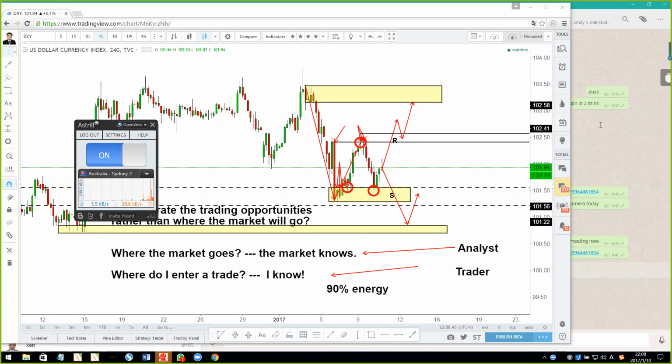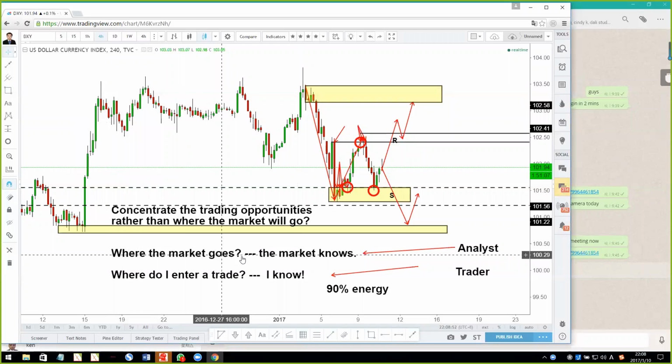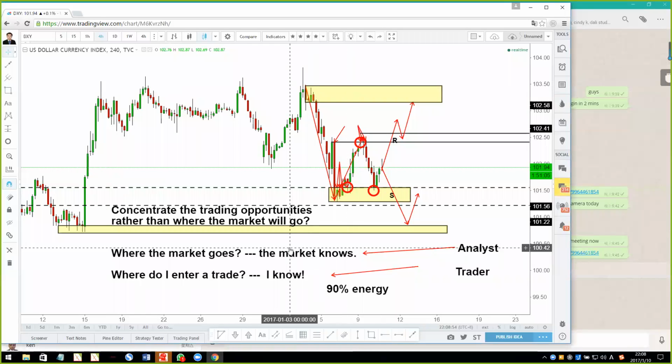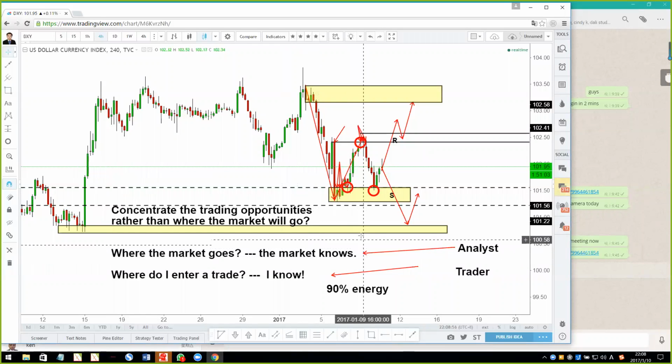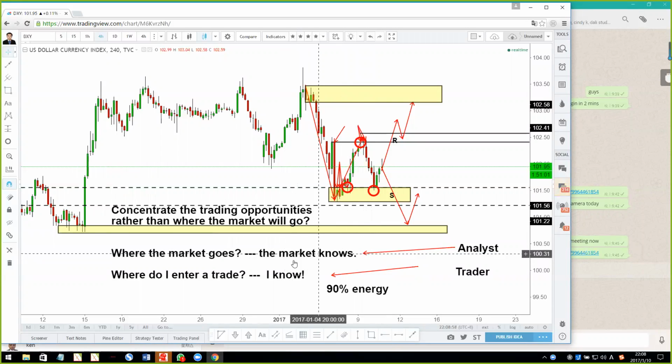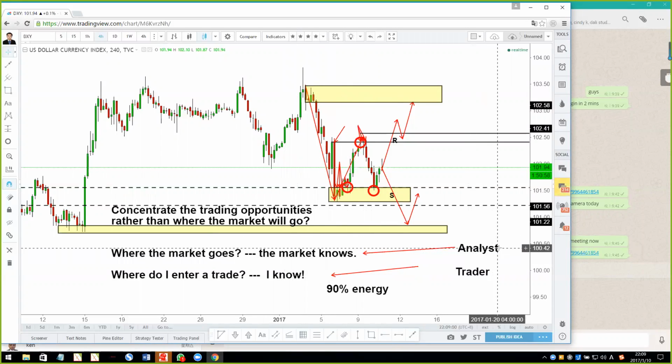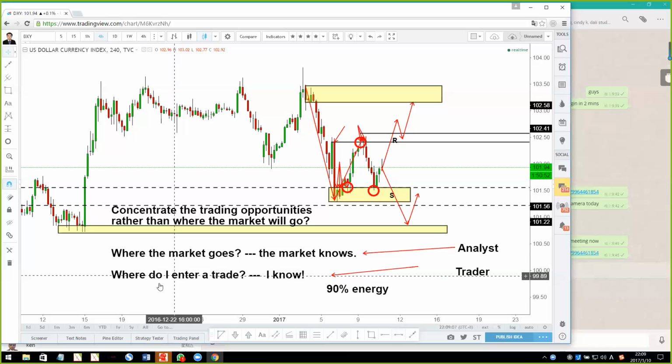Let me continue. The people who focus on where the market goes, trying to pretend that they know, that they control the market, are analysts. The people who know where to enter a trade are traders. And who are you, guys?